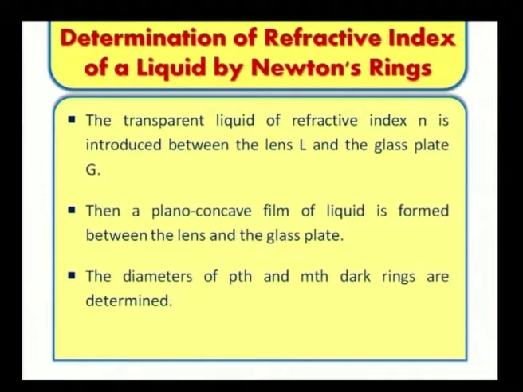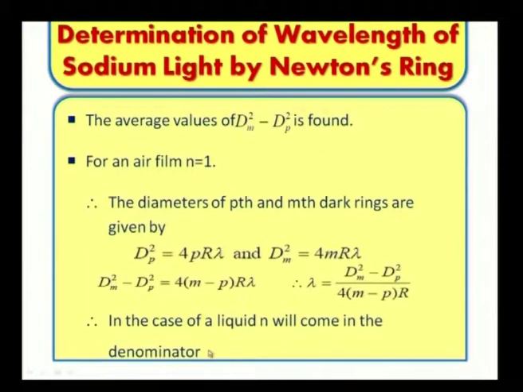The diameters of the pth and the mth dark rings are determined. In every case, you have to determine the diameters of the rings. But the point I want to emphasize is that the diameters would have reduced because n comes in the denominator.